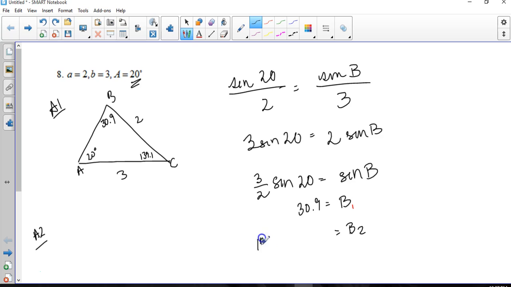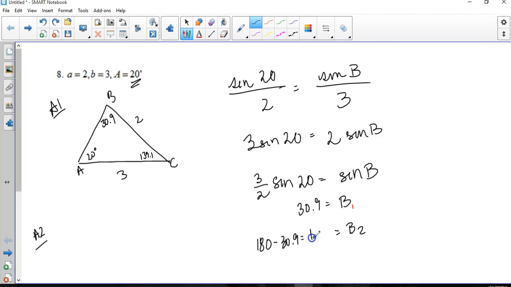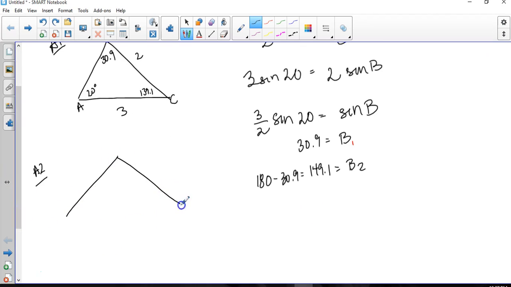might be 180 because of supplementary angles, minus 30.9. One angle because it's supplementary angles, not because of the triangle. And maybe it's 149.1. All right, so the question is, I know A is 20.